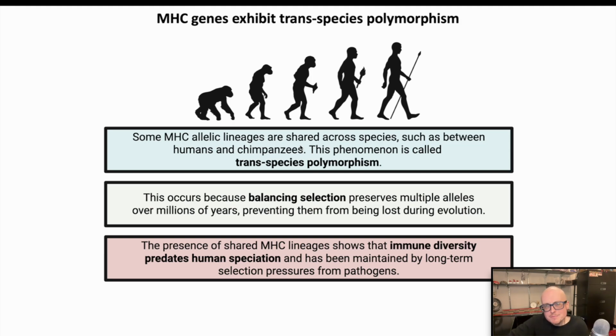And this is also something that's a bit unique because many genes tend to be lost over speciation events. But the fact that alleles persist across speciation, meaning that there are certain MHC alleles which apparently are very useful and very adaptive, through balancing selection, they have been preserved over the course of millions of years.